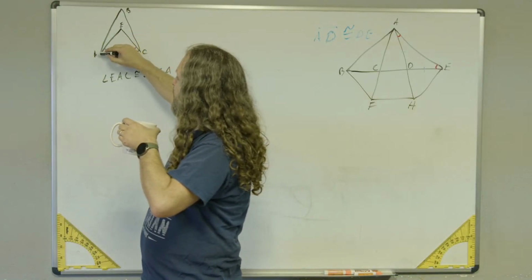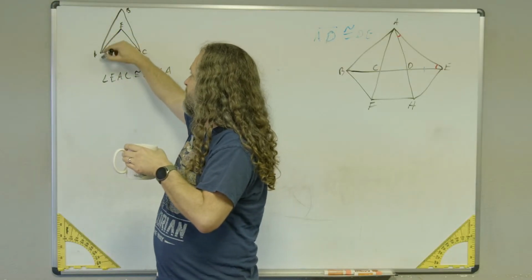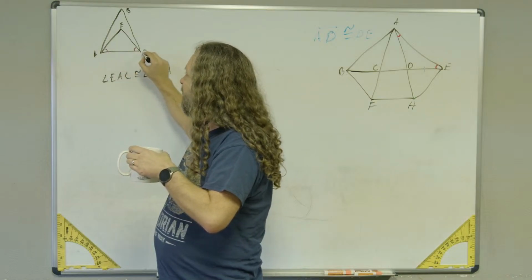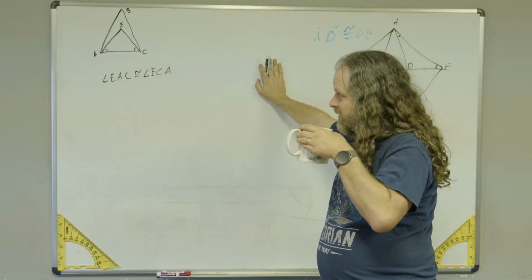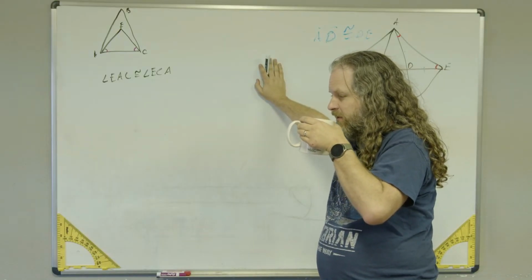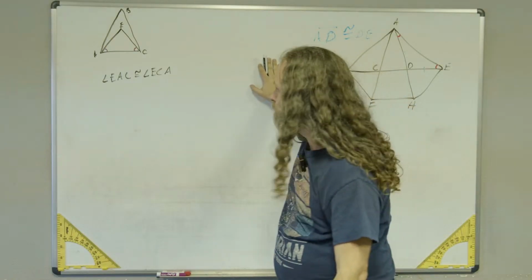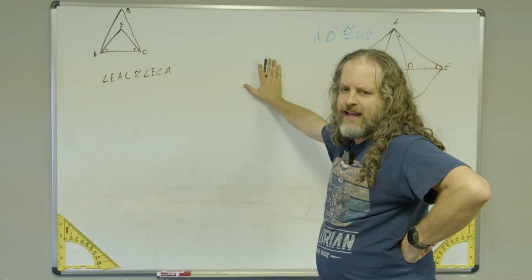So EB is just this segment. Which triangle? There are two triangles. There's this triangle, the ABC, and then the AEC. So which one is isosceles because of that on this question? Did you say EB?